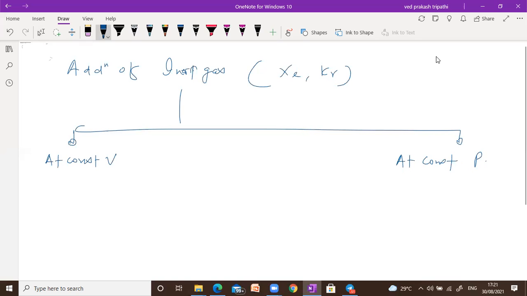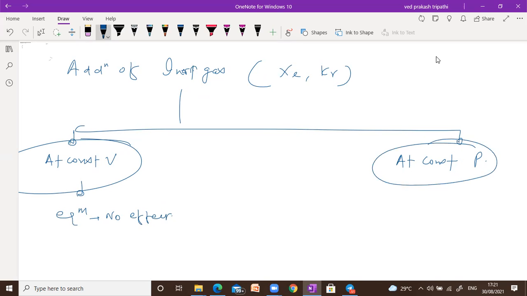In case of constant volume, equilibrium will not be affected, no effect. While in case of constant pressure, equilibrium will shift in that direction where the gaseous moles are more.